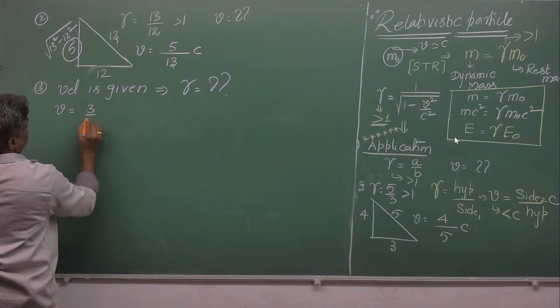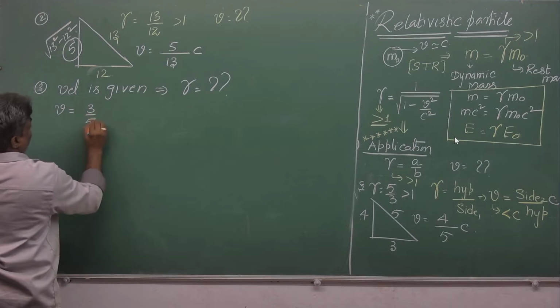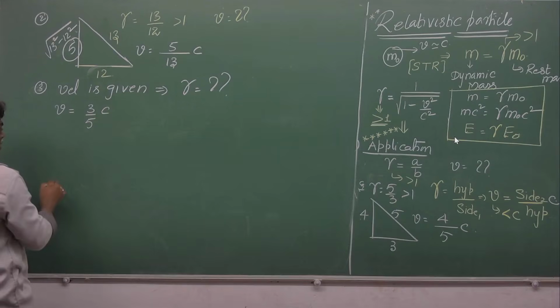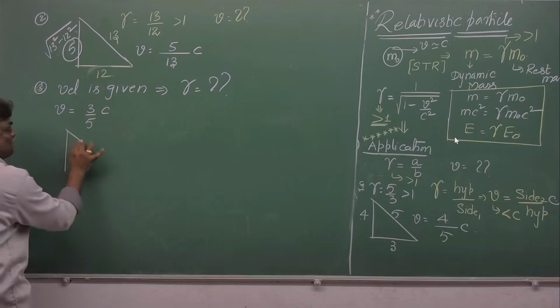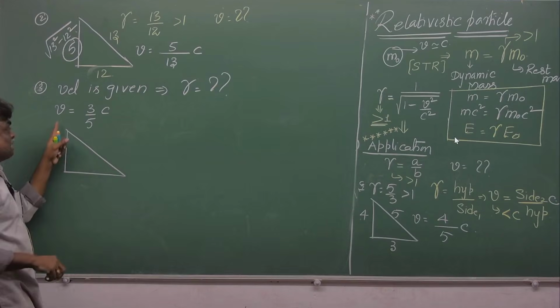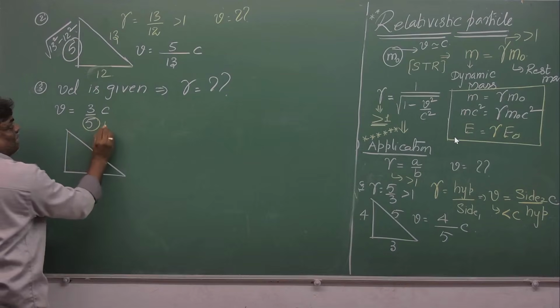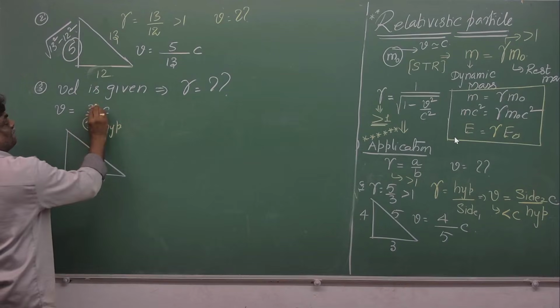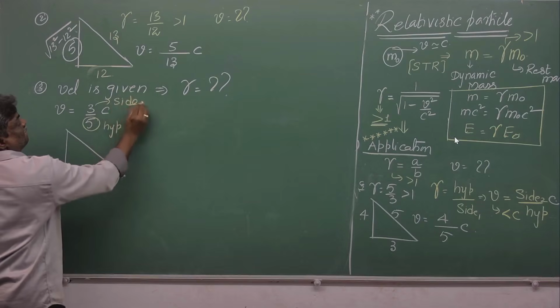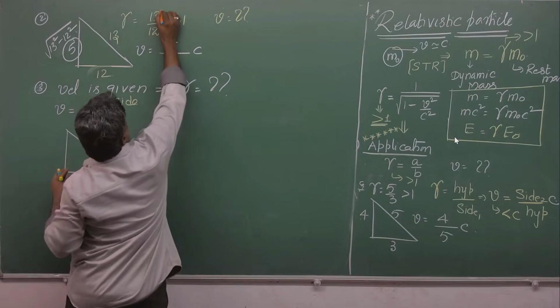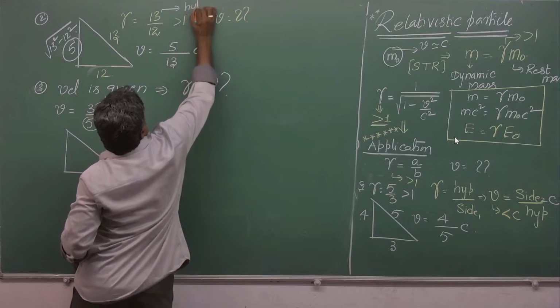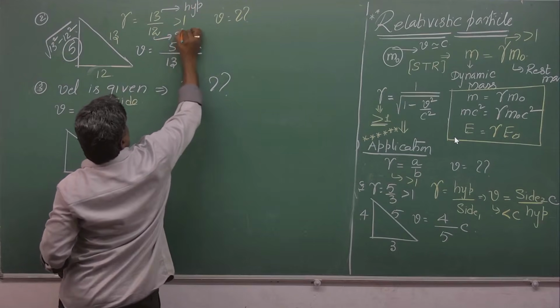3 by 5. Okay, 3 by 5 C. Again you have to take a right angle triangle. This time velocity given. Sir, velocity denominator hypotenuse. This numerator side. Sir, gamma numerator. This one.